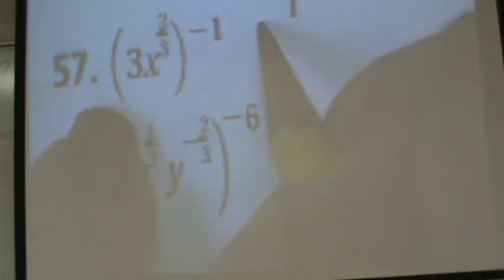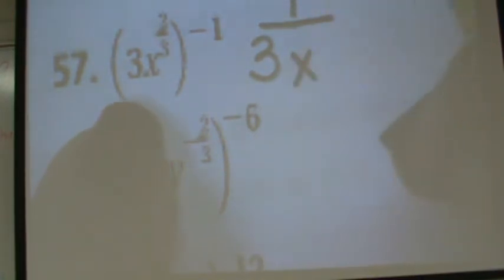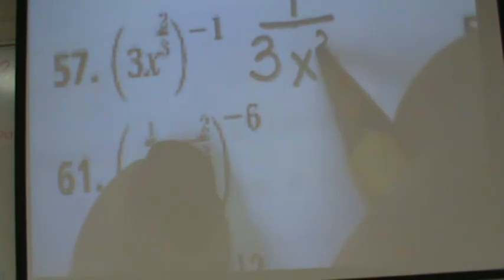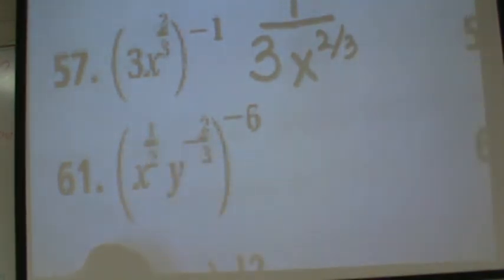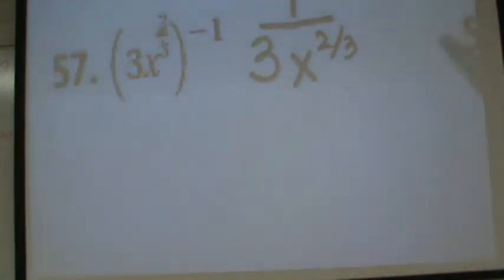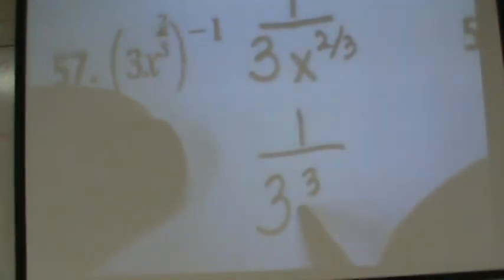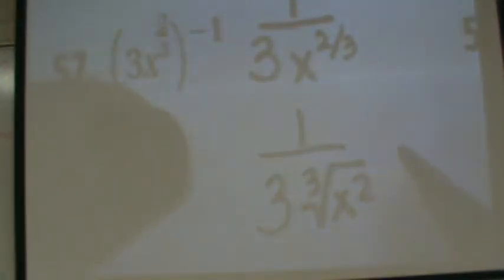57. This is really, you're multiplying this whole thing, you're flipping this whole thing, so it's really 1 over 3x, and I believe that's 2/3. Okay, so this is really 1 over 3, and then this is going to be the cube root of x squared.